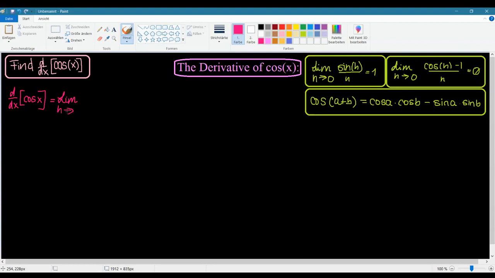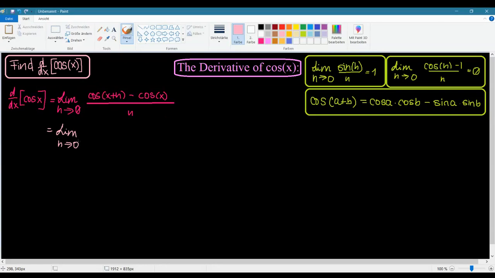That means we're going to plug it into the limit as h approaches 0 of cosine x plus h, which is where our identity is going to come into play, minus cosine x all over h. Without the identity, we don't really have any place to go here. But with that identity, we can rewrite cosine x plus h.